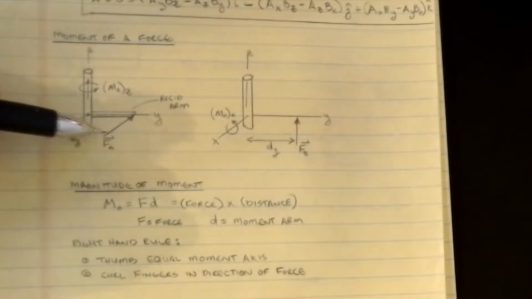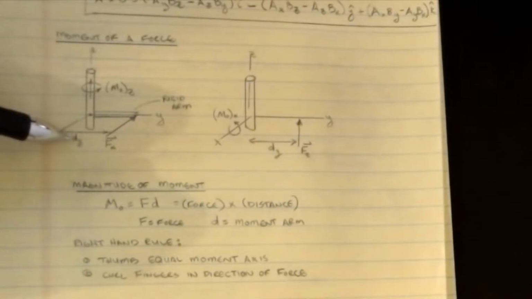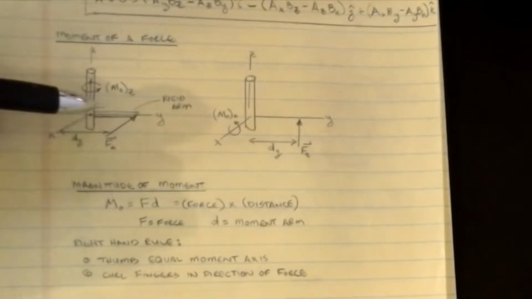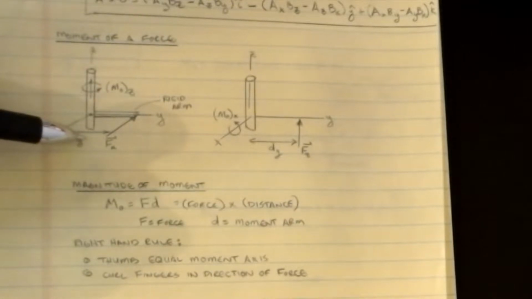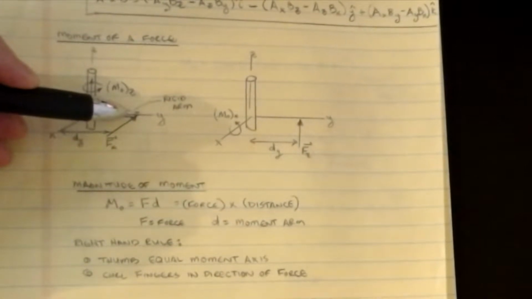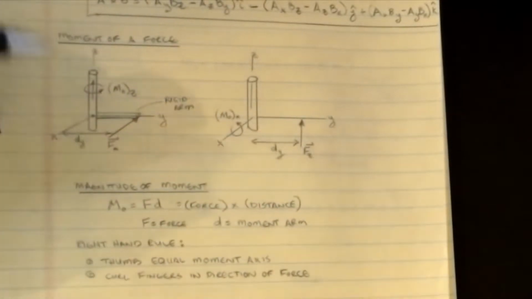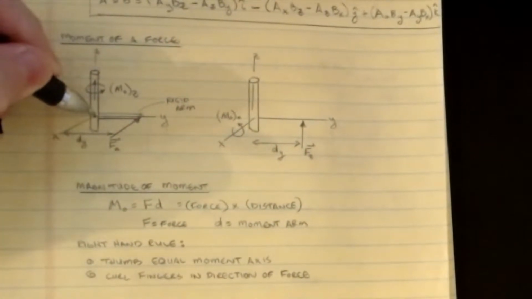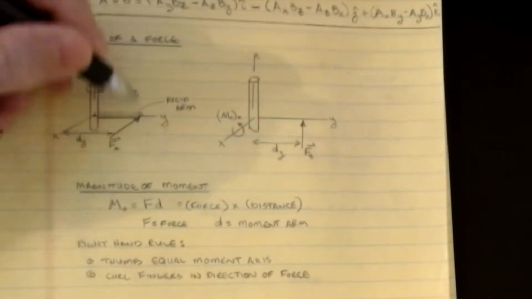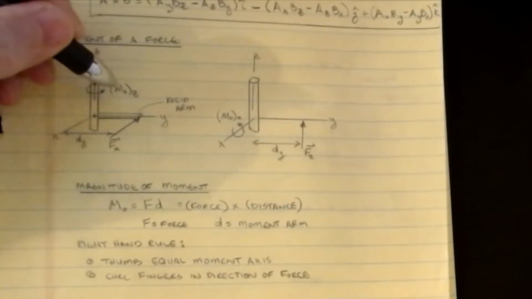So a force in x, even though it's in the negative direction, will cause a moment, and this will also cause a positive moment. A positive dy and a negative x direction force will cause a positive moment about the z as well. If you think about it, it's like holding this point still here, and this thing is wanting to wrap itself around that z-axis.